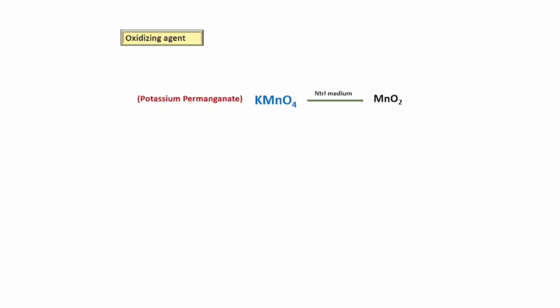But in neutral medium, KMnO4 furnishes manganese oxide. In KMnO4, the oxidation state of manganese was +7. But in neutral manganese oxide, the charge on manganese is +4. So the oxidation state of manganese is changed from +7 to +4.